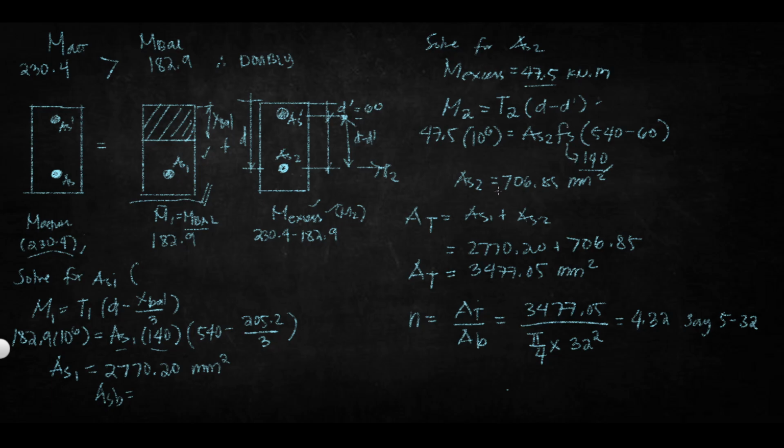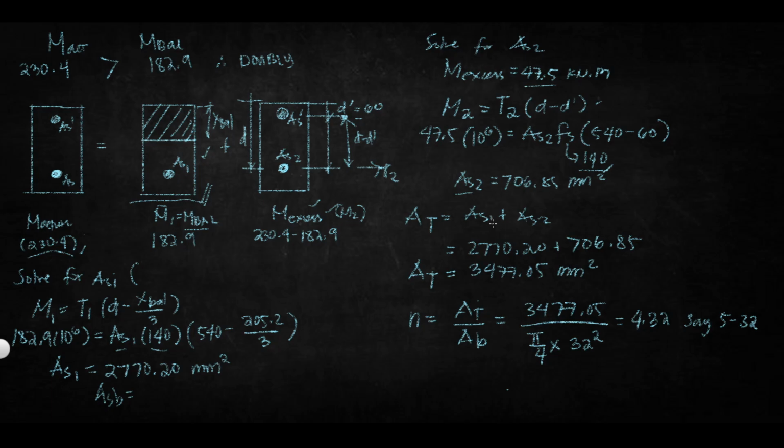So, we have here AS2, which is equal to 706.85 millimeters square. AS2. Ngayon, ang total po na area sa tension steel or area ng steel sa tension is equal to the summation of all tension steel area. So, i-add mo lang basically yung AS1 plus AS2. Yan na yung AS total po natin, or area ng steel sa tension, okay, which is equal to AS1 plus AS2.